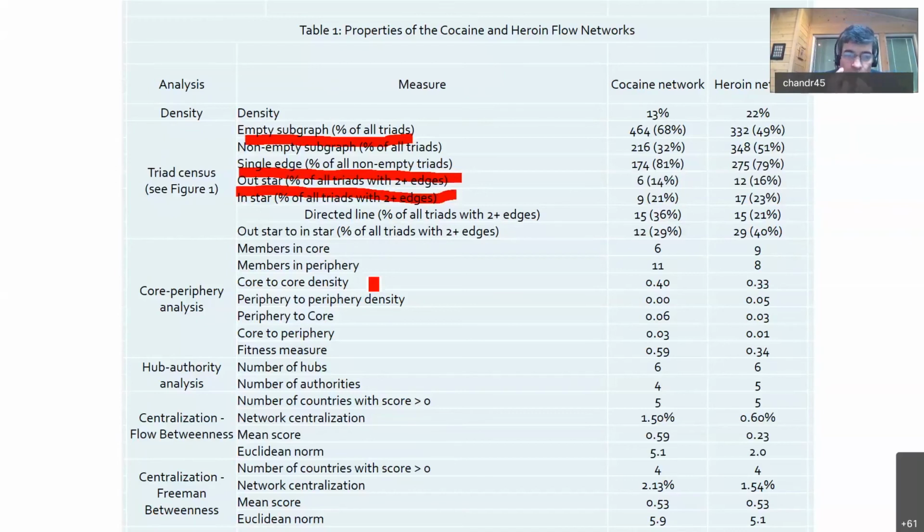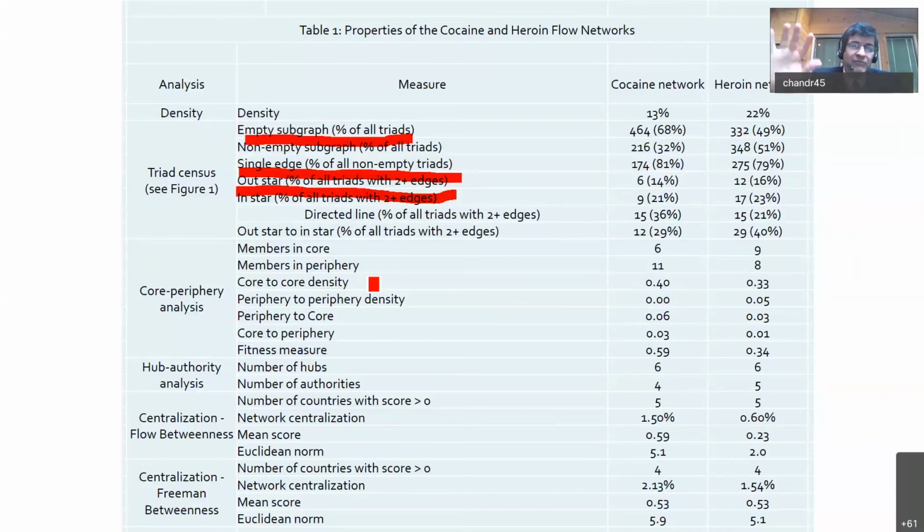Okay, it's a microstructural concept, but what it tells us is that in the case of the cocaine network, if you remove one of those arrows, you have potentially disabled the connection between A and C. But in the heroin network, if you remove any one of those arrows, either A to B or B to C or A to C, you still have a pathway going from A to C. Okay, so you have a network that's much more resilient in the case of the heroin flow network than you do in the cocaine flow.